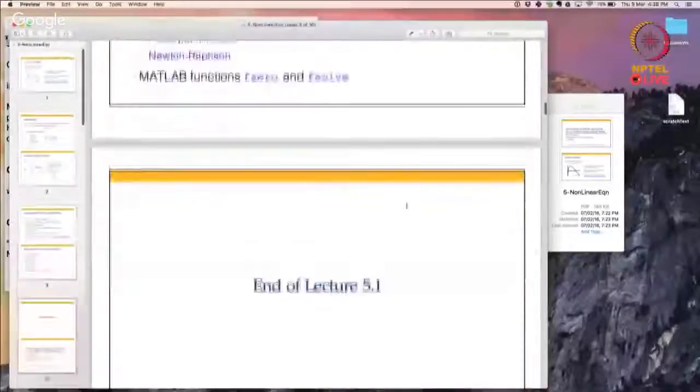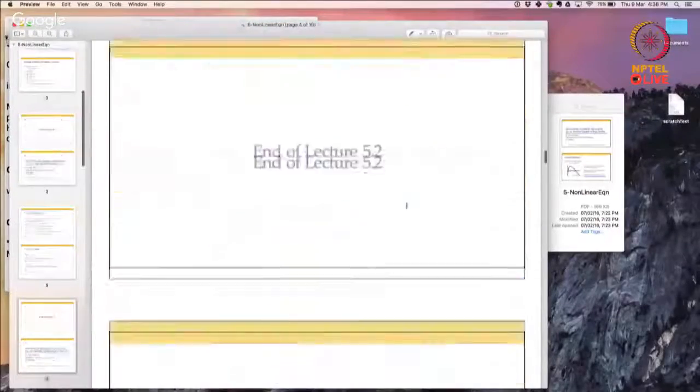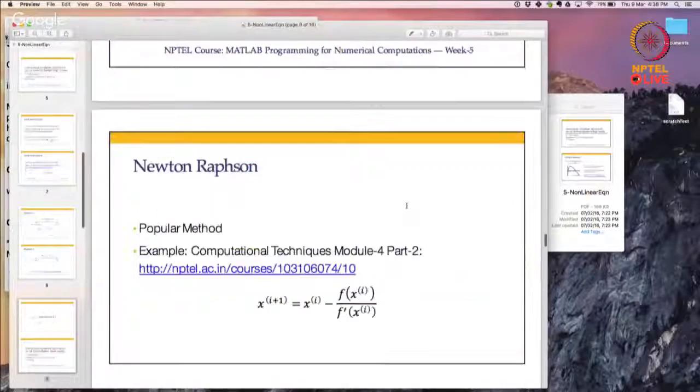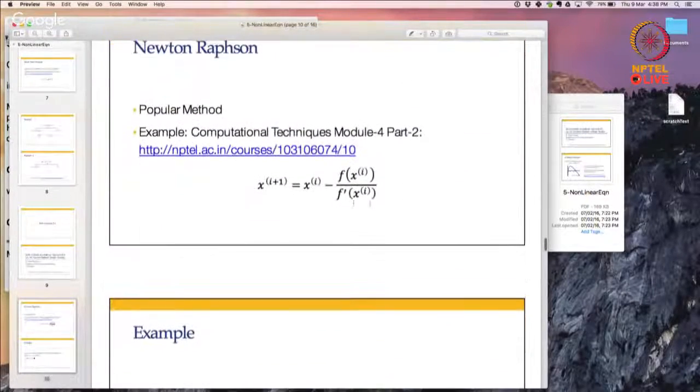If you are solving nonlinear equations using the Newton-Raphson method, let's go to Newton-Raphson.